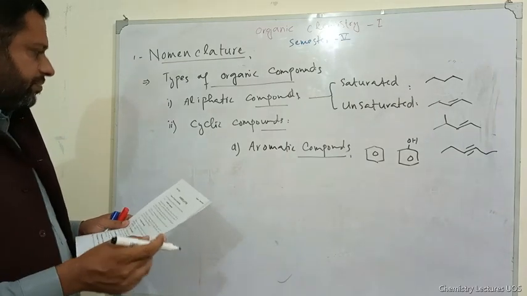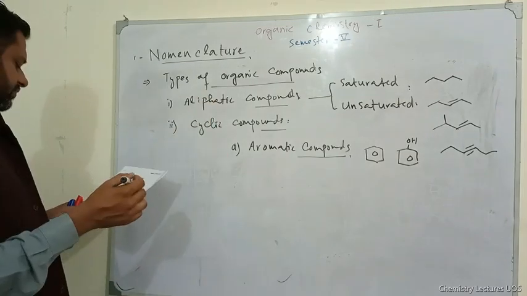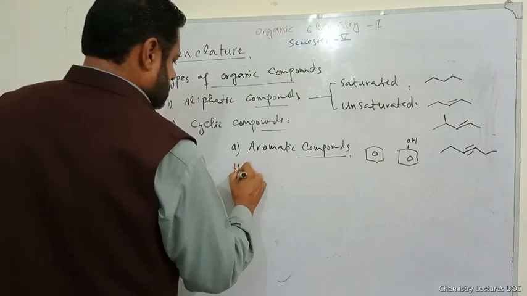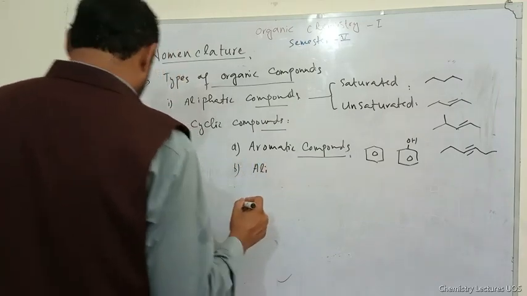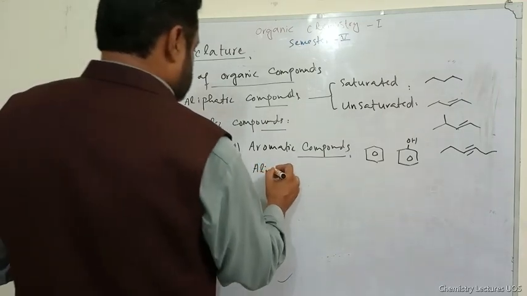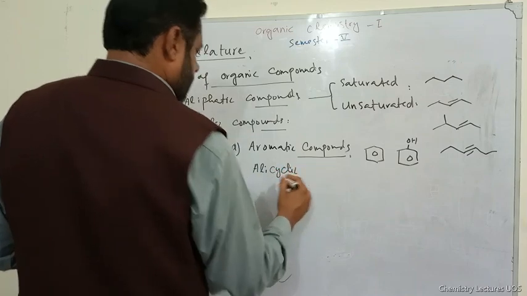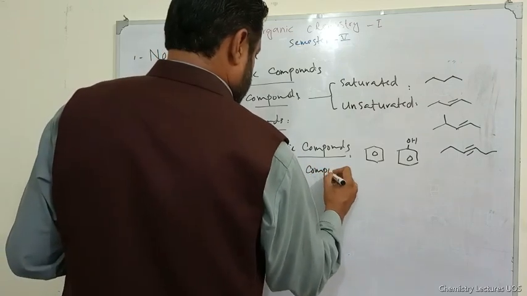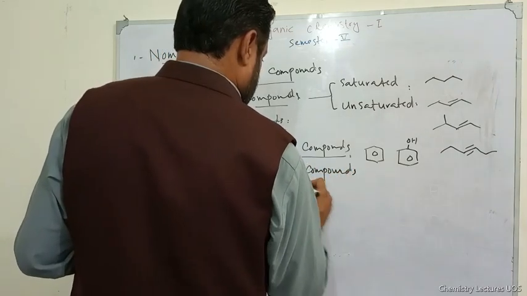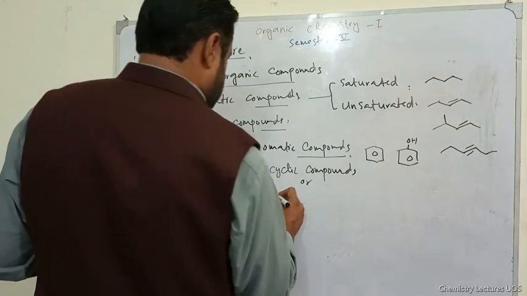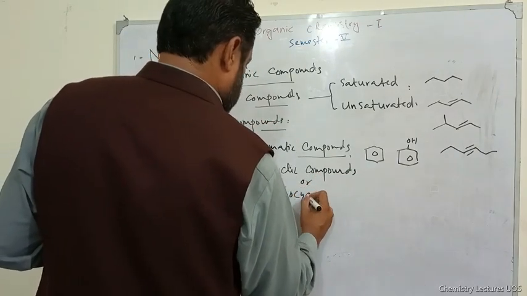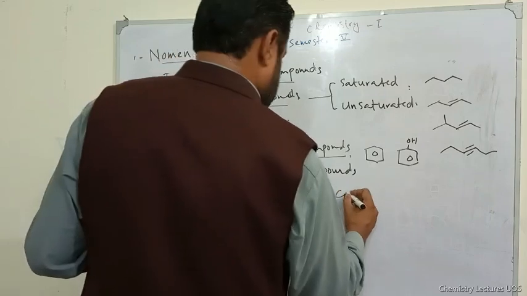And the second type of cyclic compounds is alicyclic compounds, or the second name is carbocyclic compounds.